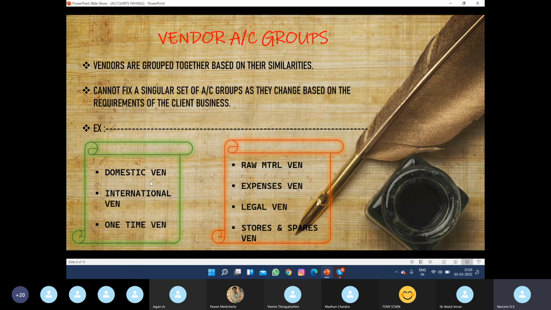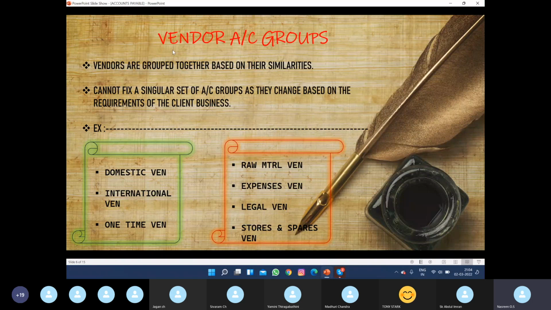Let's say if we take domestic vendors, the client can ask that even within domestic vendors he needs groups such as raw material domestic vendors, expenses domestic vendors, and domestic vendors for legal formalities, etc. These are based on the client's business, and we can't say this is the only single set of vendor groups required, because every business has different requirements.